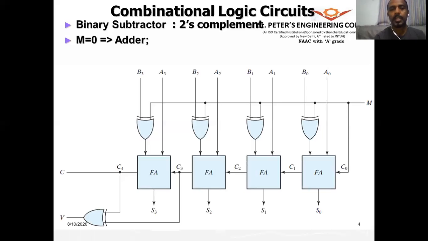All right. So if M is 1, it will perform as an adder. Therefore, whatever the B terms will get added to the A terms.